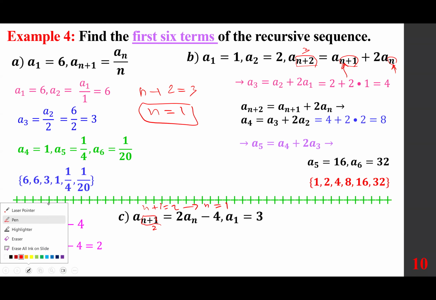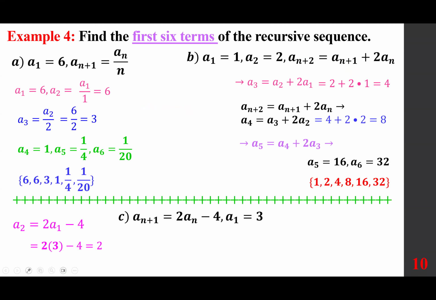It may be easier to look at this one. a sub 2 is 2 a sub 1 minus 4. So a sub 3 is 2 a sub 2 minus 4. Rather than looking at this one, I don't know, you decide. But it's very straightforward. You want a sub 3, 2 times the previous one, minus 4. 2 times 2, 4 minus 4 is 0.